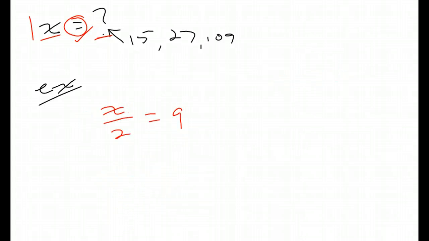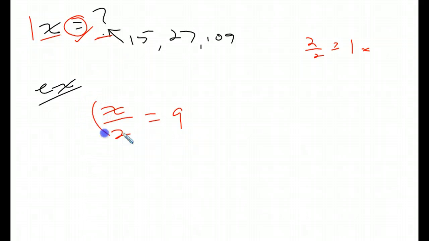Here's another one where we're going to have to do a different operation. Right now, x is being divided by 2. Well, in order to get this as a lone x, I know that 2 divided by 2 is equal to 1, which I want, just one x.